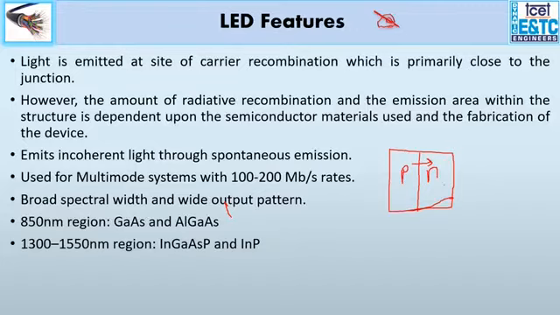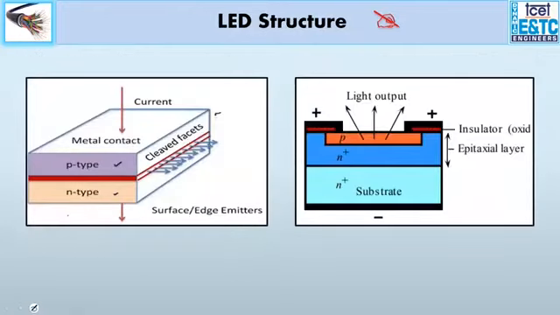So the recombination is taking place anywhere and photons are released, and because of the larger area where this recombination can take place, this reduces the intensity of the light coming out, and there are chances of absorption in the material itself, which further reduces the efficiency of an LED. LEDs have a very low efficiency.